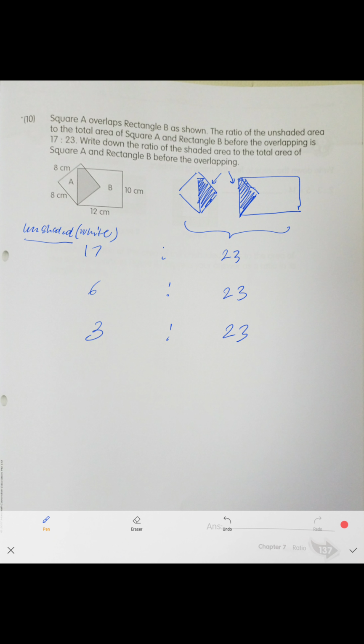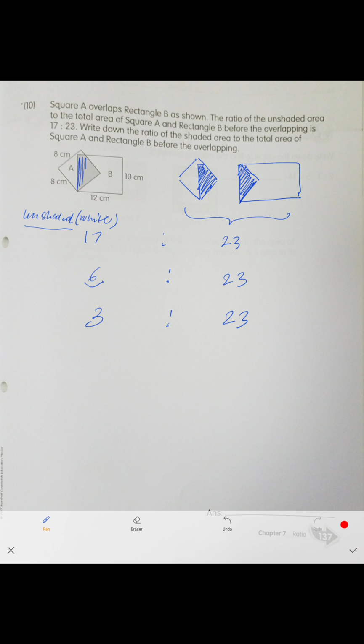So the leftover area is 6, because 17 plus 6 gives you 23. So the 6 was comprised by these two areas, which when they overlap, became 1. This is why you have to divide your 6 by 2. And then your shaded area becomes 3, and your total area before overlapping is the same, 23.